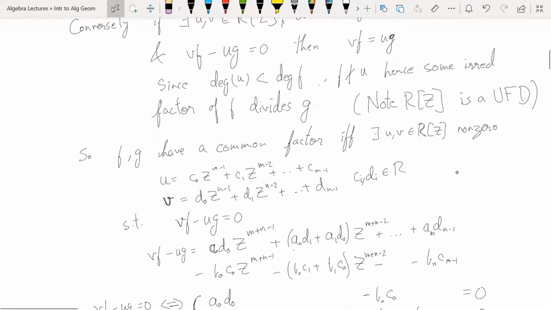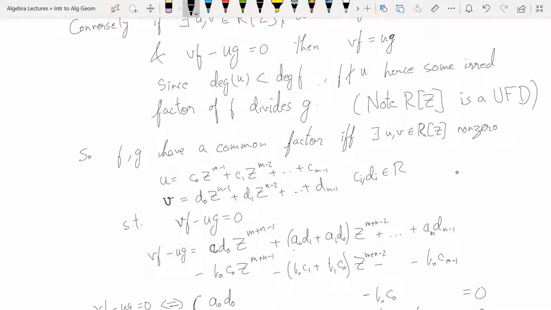So f and g have a common factor if and only if there exist u, v in R[z] non-zero, where you can write u as a polynomial of degree at most m minus 1. So here c_0 could be 0, c_1, some of them could be 0, but u itself can't be 0. Similarly, d_0 could be 0, d_1 could be 0. So it need not be exactly degree m minus 1 and degree n minus 1 respectively, but it can't be bigger degree. Yeah, it has to be at most m minus 1.